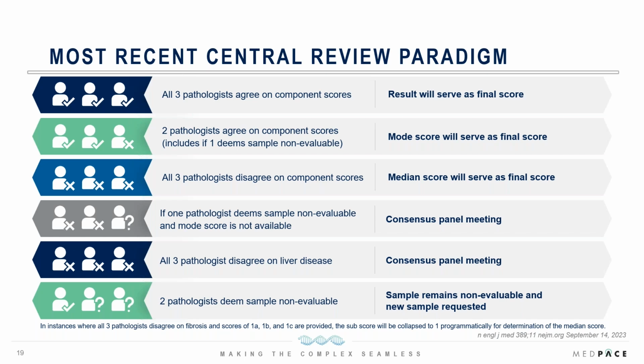So we've got a 0, 1, 2, and 3. We take the average of that and round it to the nearest whole number. And all of this is trying to minimize some of that variability that we see, and also help speed up some of the turnaround time and not delay things for being able to get that patient enrolled into the study. Obviously, if the 3 pathologists completely disagree on the liver disease, we can still call a consensus panel.